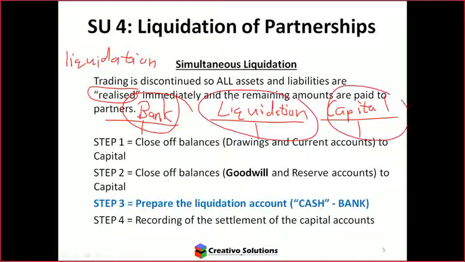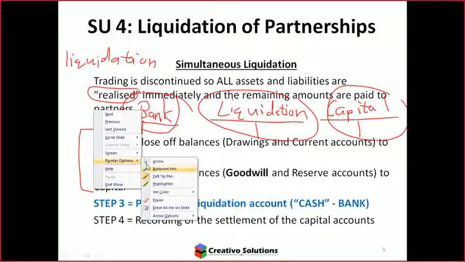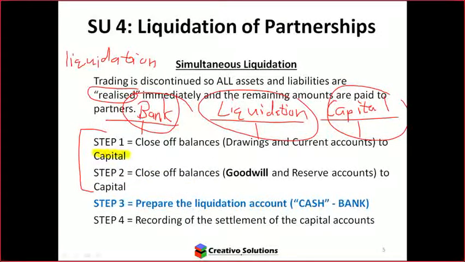The steps are very basic. When looking at step 1 and 2, it doesn't matter which step you start with. You can either close drawings, or you can close goodwill, or you can close the reserves or the current account. But the main focus is the capital. Why do we close everything to capital?